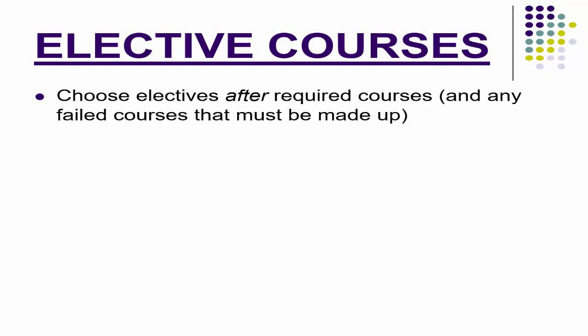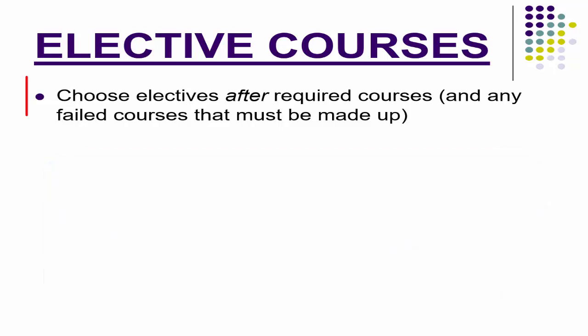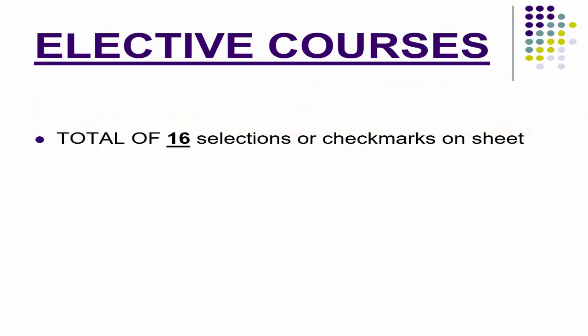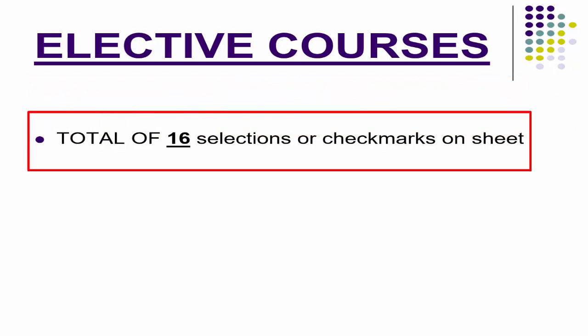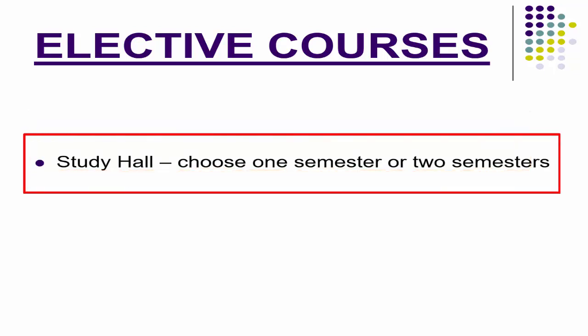As you choose your classes for sophomore year, first make sure you retake any failed courses. Next, make sure you selected your required courses. Finally, choose electives after you have taken care of those 2 requirements. On your course selection sheet, you will have a total of 16 check marks. Study hall can be chosen for 1 semester or 2 semesters.